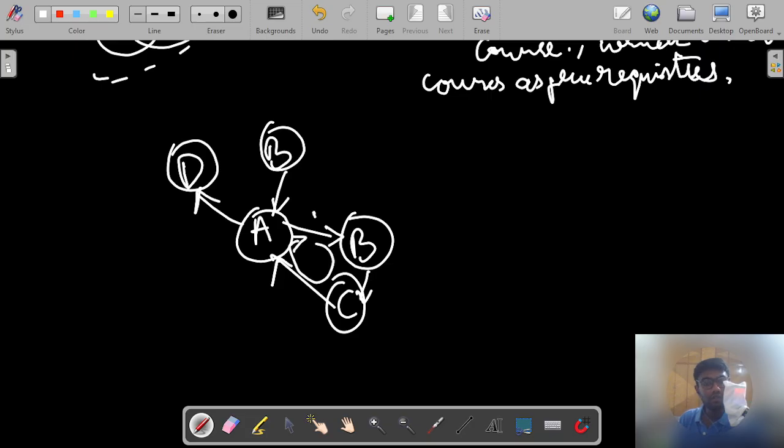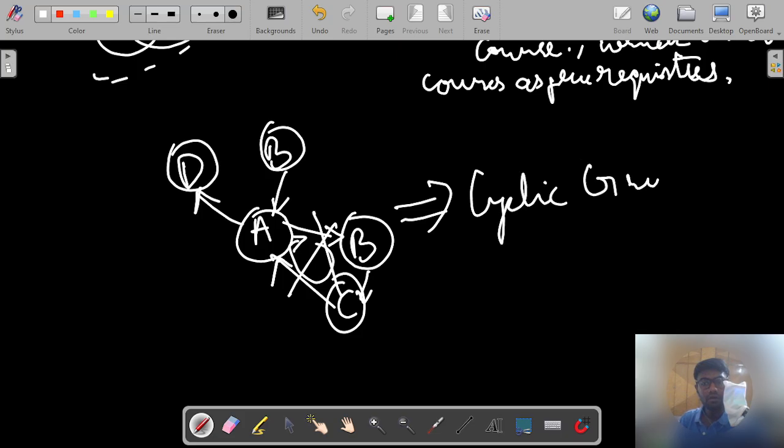So this cycling should not be there. This is a cyclic graph. So that's the whole idea with a cyclic graph.